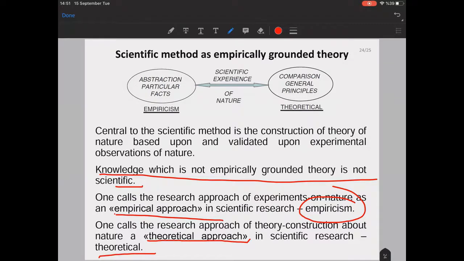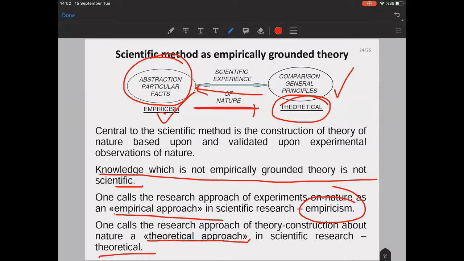So you can see that you can compare general principles here and approach the problem in a theoretical manner, or you just collect the data, abstraction of particular facts here, and go for theories here. It is called empiricism. So you can go both ways, either this way or this way. So these are the two main types of application of the scientific approach.